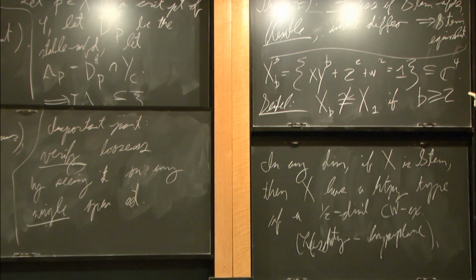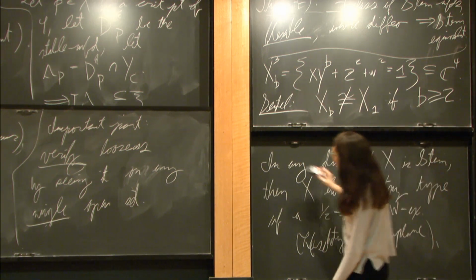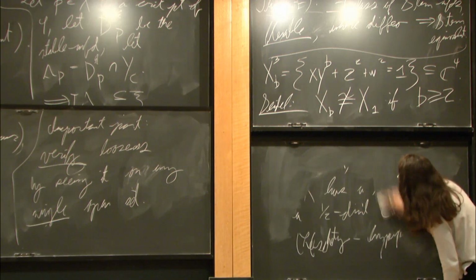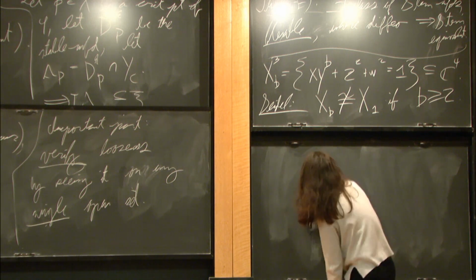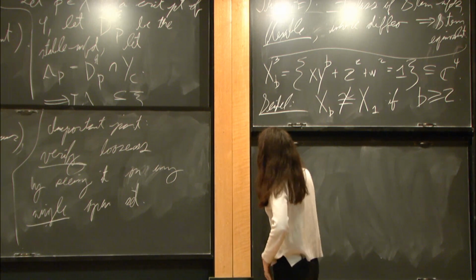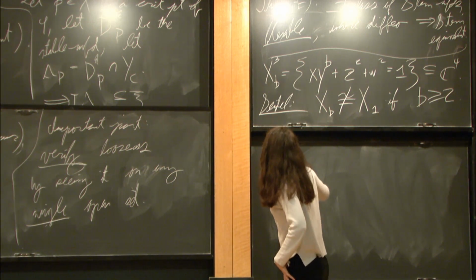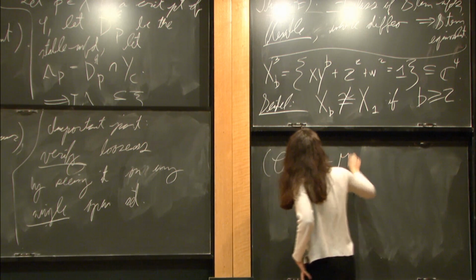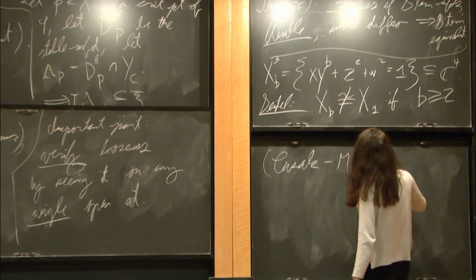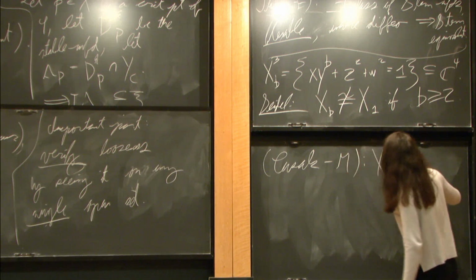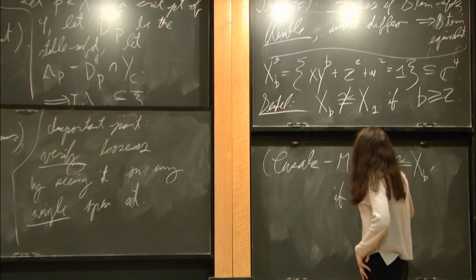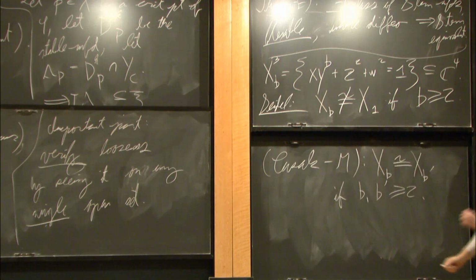And so if b is at least 2, none of these are equivalent to the quadric. However, surprisingly, a result due to Roger Casals and myself is that X_b is equivalent to X_b' if b and b' are both at least 2.